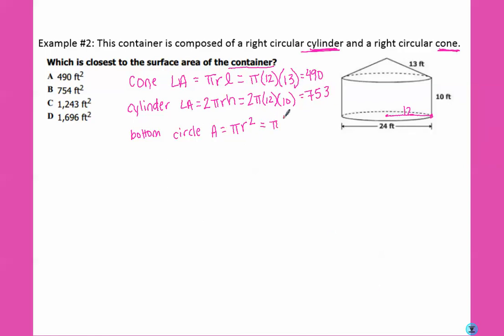And pi times 12 squared is about 452. So I'm going to add those three things up, and that comes out to 1,196-ish. Because it says what is the closest, our answers might be off by a little bit.